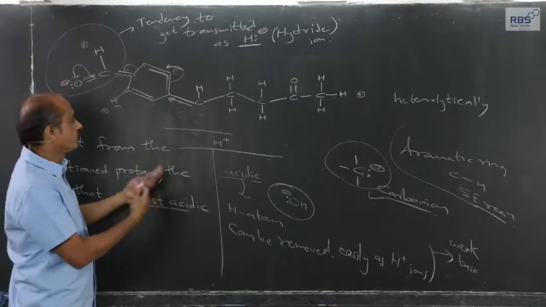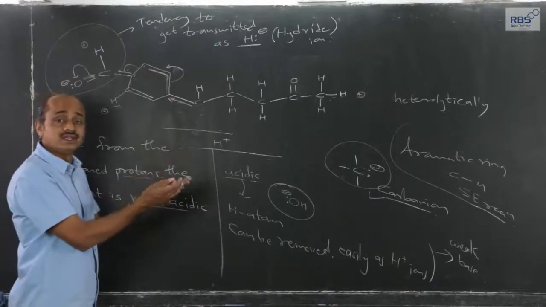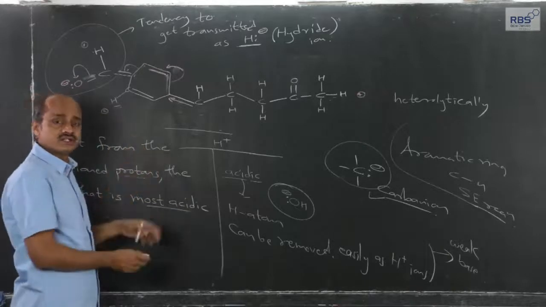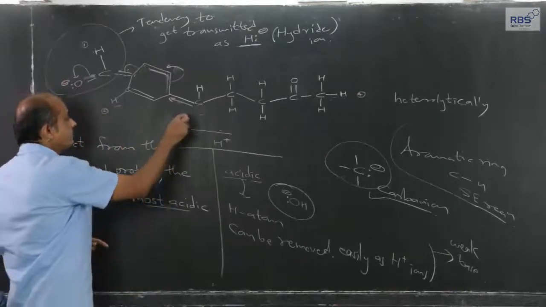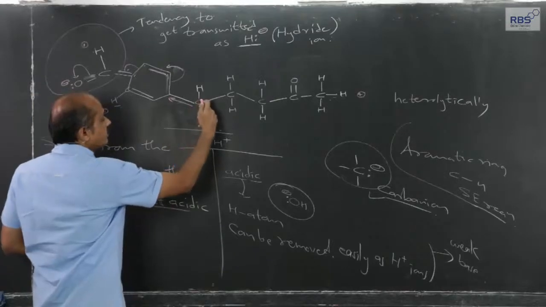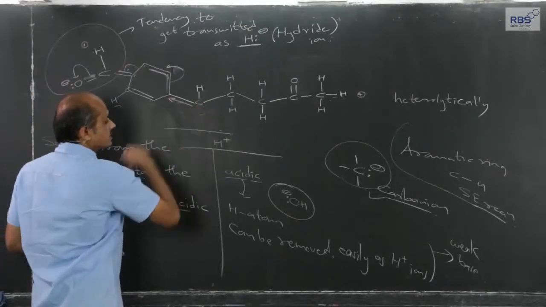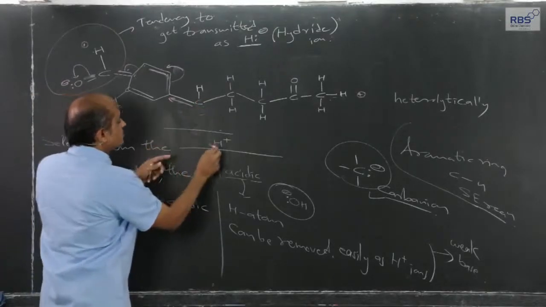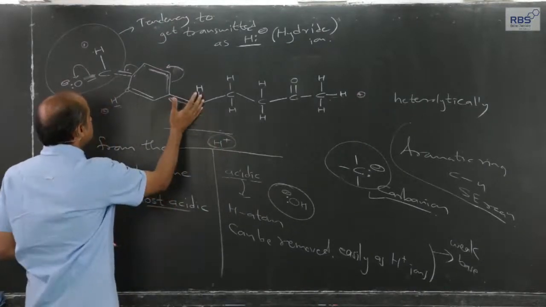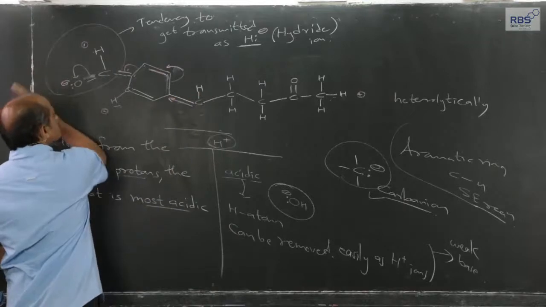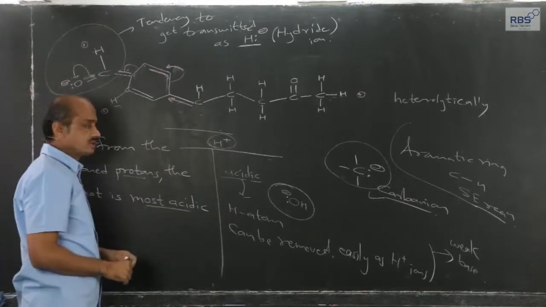The more the resonating forms and the more decentralized the charge, here negative charge, the more the stability. Therefore, if the CH bond here gets broken, giving rise to H plus ions, the acidic hydrogen atom, it will result in such a stable species because of resonance.